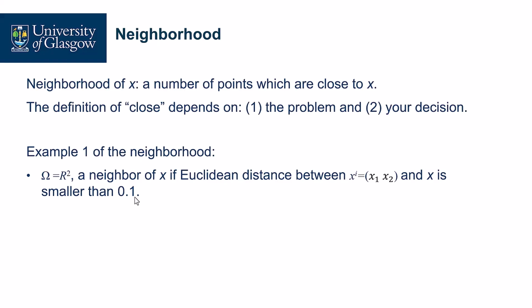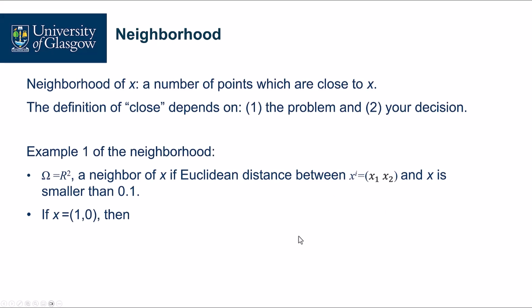Consider if x is (1, 0), then how do we define the neighborhood according to my choice of 0.1 and the problem itself with real parameters?